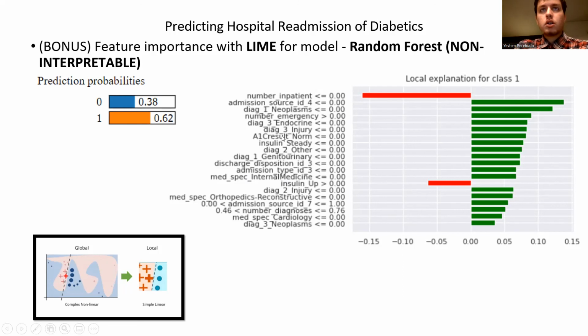And also, we see that A1C result norm is equal to 0, meaning that either the patient was not tested or he was tested and his result was larger than 7. And that's why it has a strong influence on our final probability of being readmitted.